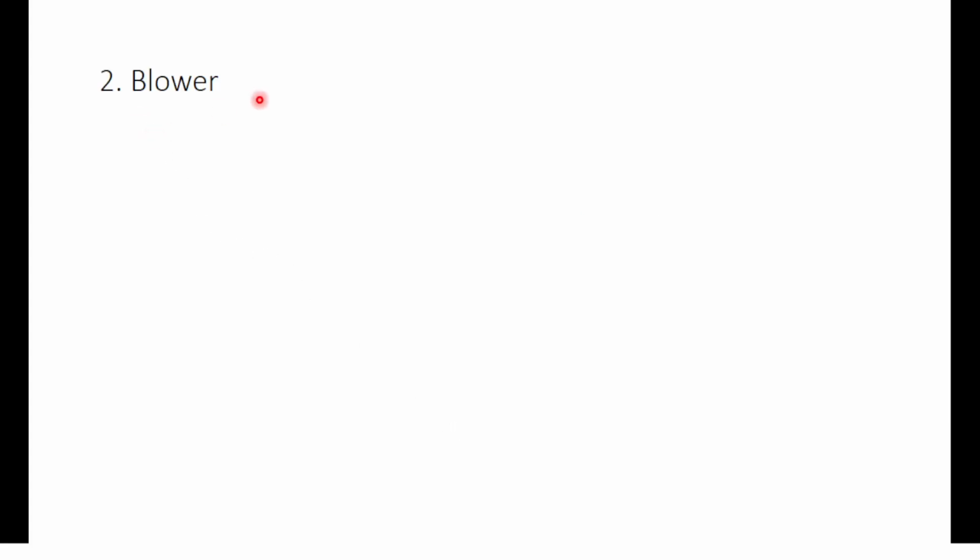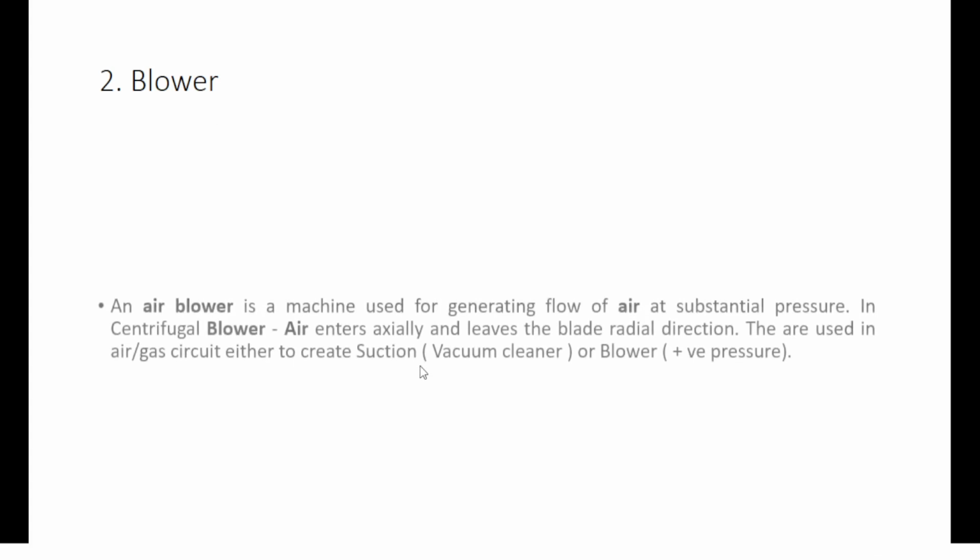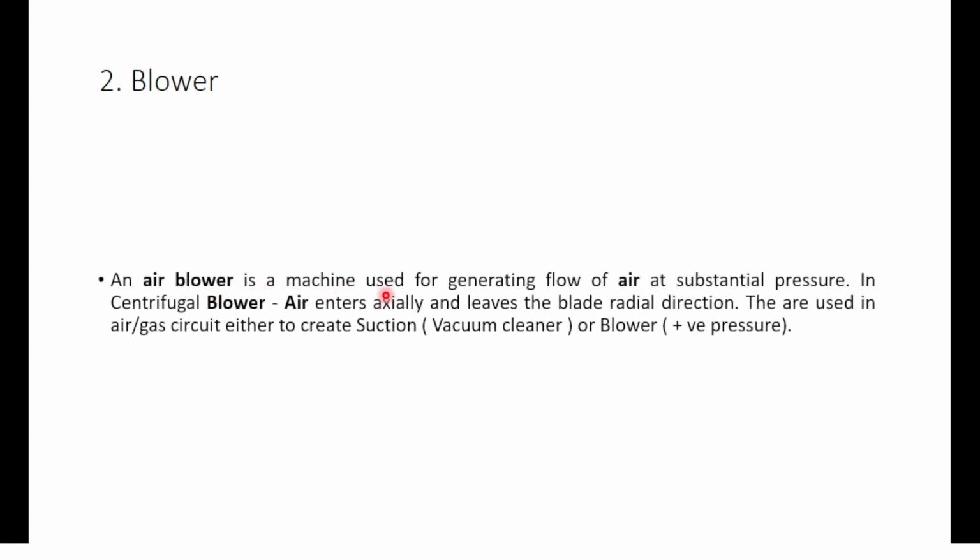The second mechanism is the blower. An air blower is a machine used for generating flow of air at substantial pressure. Substantial means considerably high pressure. In a centrifugal blower, air enters axially and leaves the blades in radial direction.